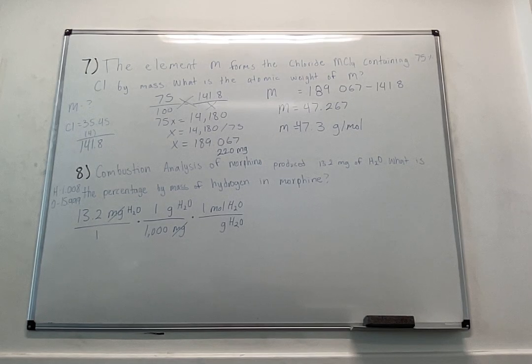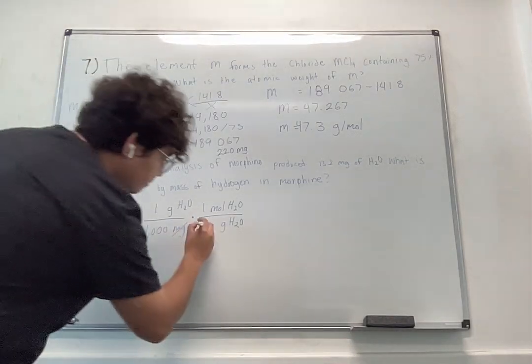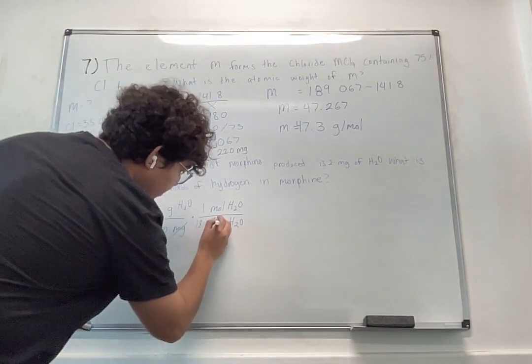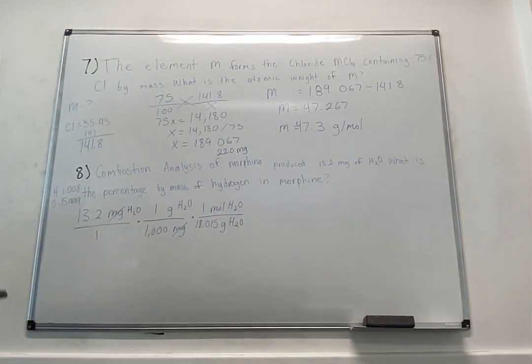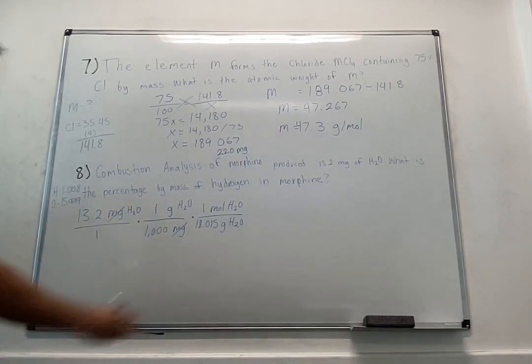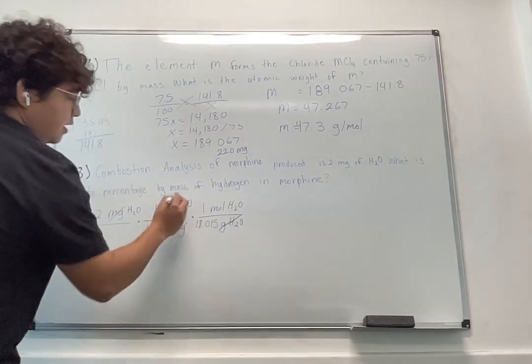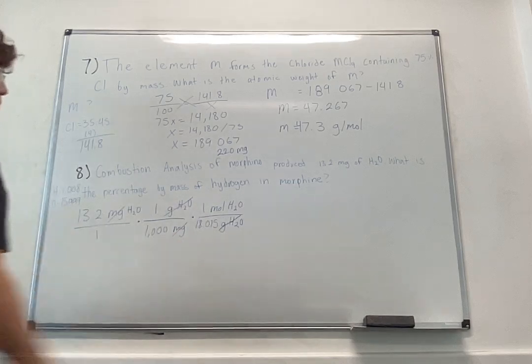So you got to do 1.008 times 2 plus 15.9993, and that should give you 18.015 grams of H2O. And now you cancel out the grams, and now we're at mole.